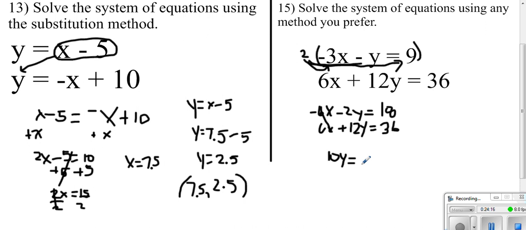And that's 54. You divide by 10. And the answer is y equals 5.4.